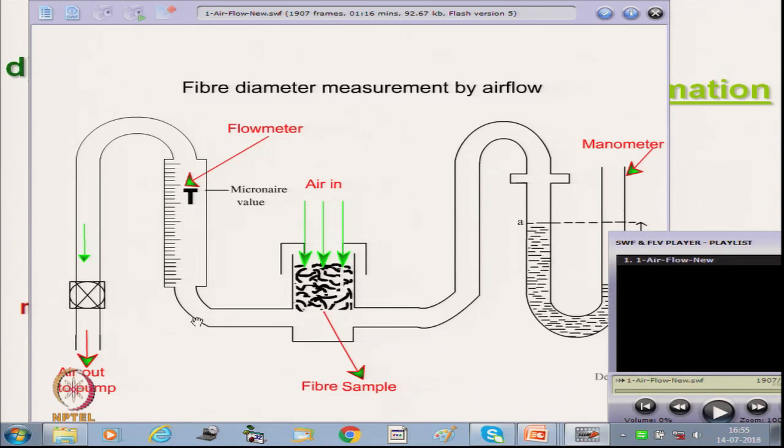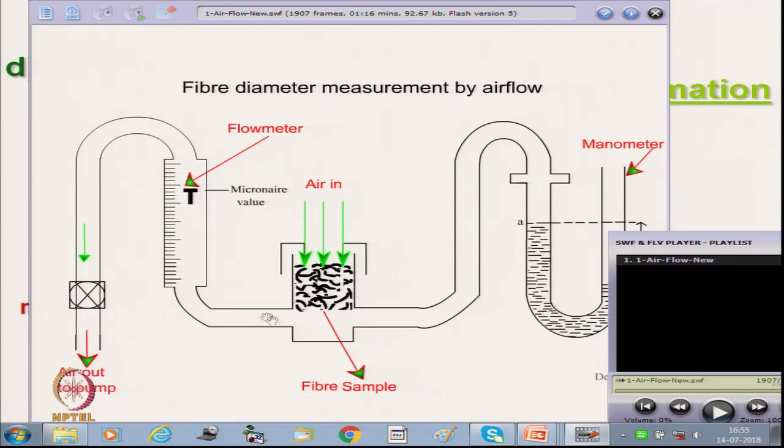And now, one thing is important, the mass of the fiber. Suppose for cotton fiber, a particular mass, say 4 gram or 5 gram, one particular instrument is gauged for a particular mass of fiber.